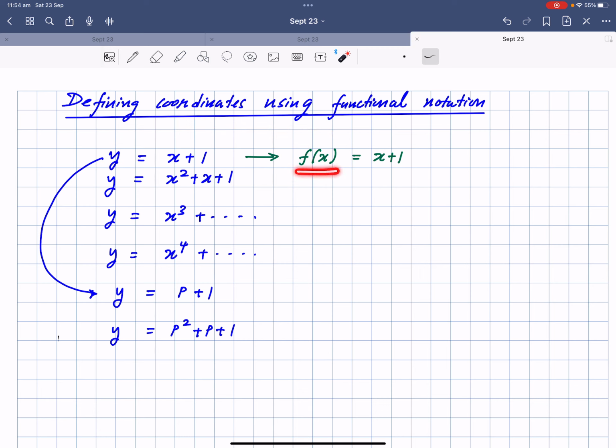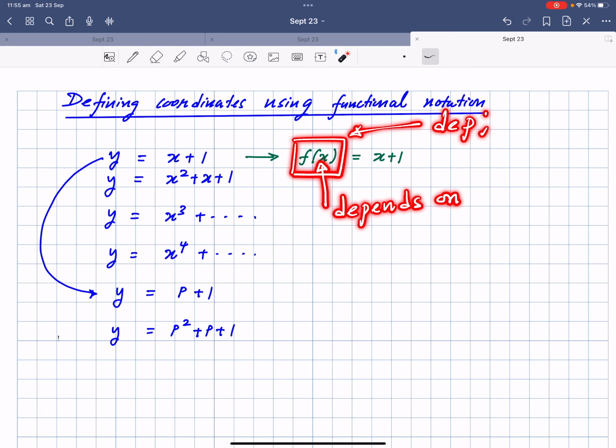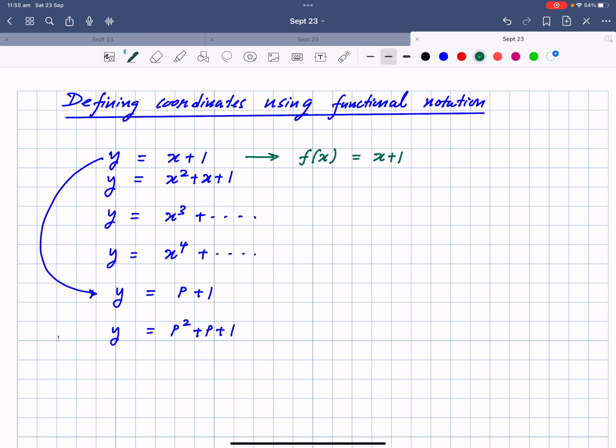Why is this functional notation important? If you just look at this one, you understand this is a dependent variable, right? Explicitly, this inside will tell you it depends on what? It depends on x. So that means inside will show you the corresponding independent variable. Similarly, you can write this one as g of x squared plus x plus 1.